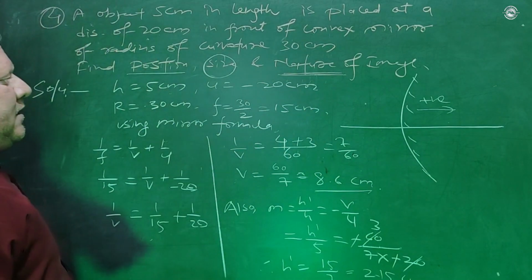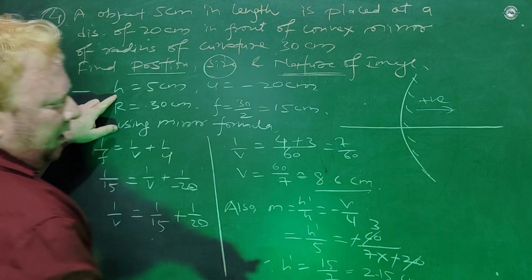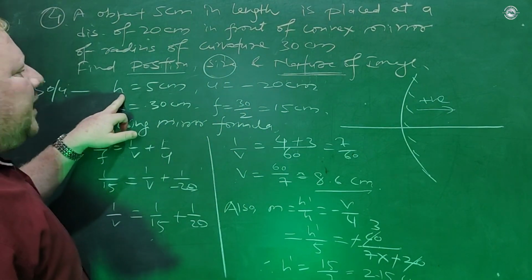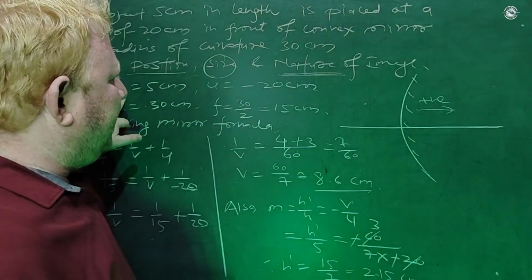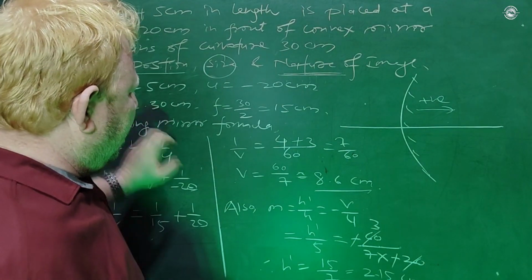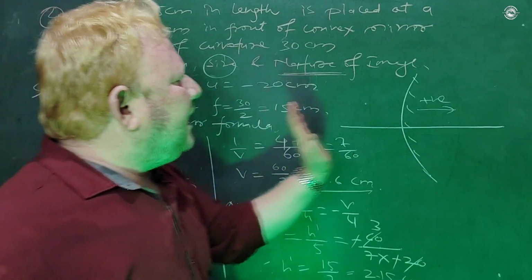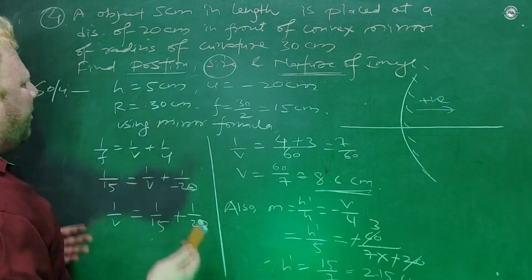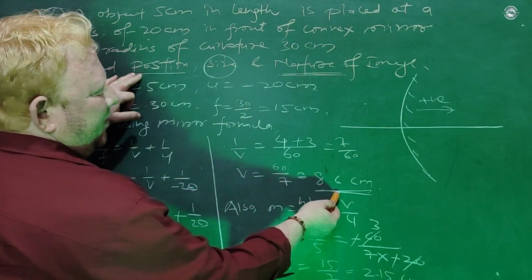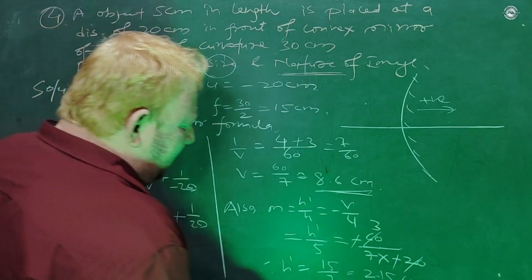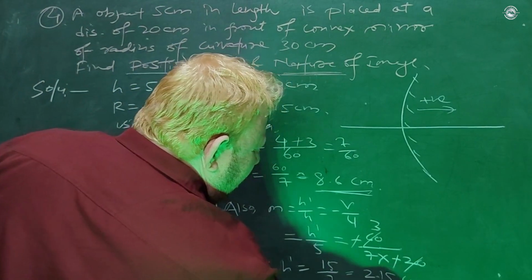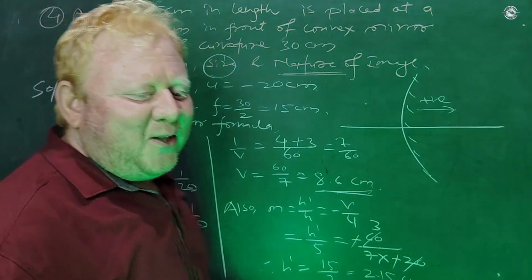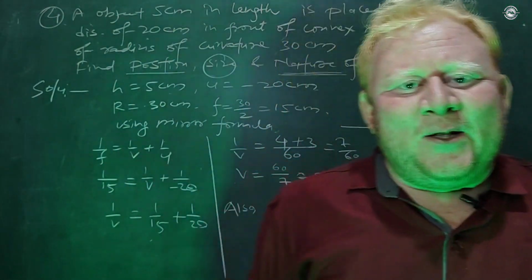So clearly you can see the image height is this much, 2.15 centimeter, which is smaller than the object of 5 centimeter. And the image is formed behind the mirror at this much distance, 8.6 centimeter. So now we have the position, and we have the size, h dash. And what about nature? Nature you can tell: virtual, erect and diminished image.